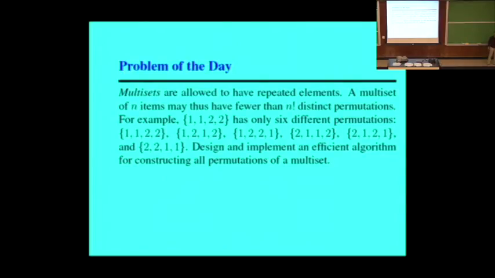So one idea that is sometimes done, though often of shady use, is to construct all permutations and then test them at the end. That would be bad if I constructed all n factorial permutations, right?